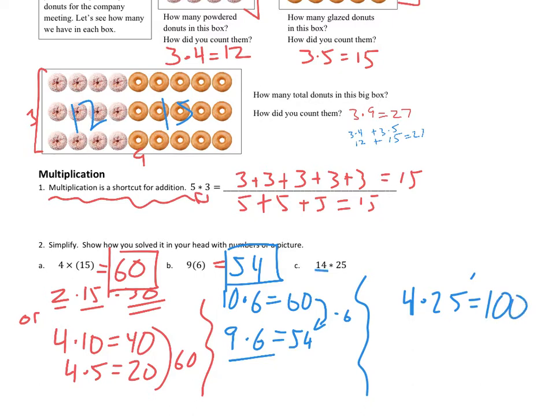Well, how many 4s are in here? Well, there's 4, 8, 12. There's 3 4s, right? So 12 25s, that's like 3 times as much. Okay, so that 12 25s is 300. We need 14, so that's 2 more 25s.